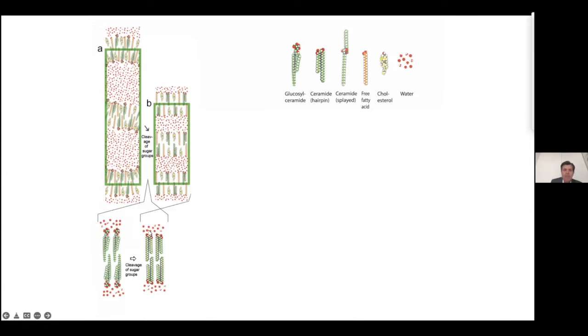Now it doesn't have the sugar group anymore, and it doesn't like water as much anymore. Ceramide binds only half a water molecule per lipid, while a glycosylceramide binds about 16 water molecules per lipid. So the system becomes unstable when the glucose groups, the sugar groups, are cut. So it collapses into a multilamellar system. You can see here that the bilayers become closer together.